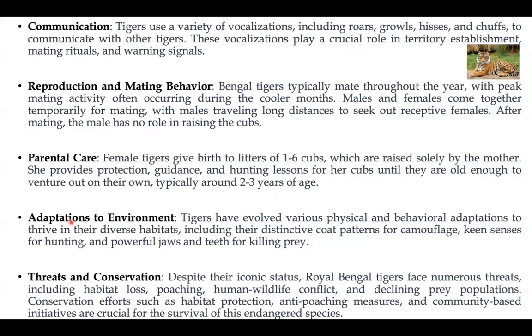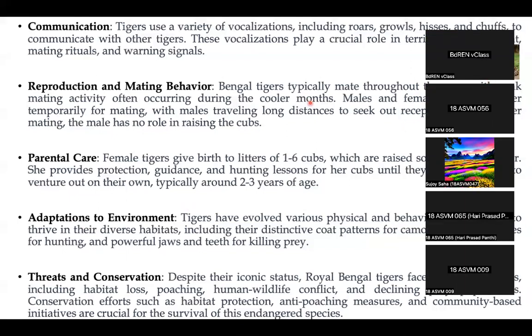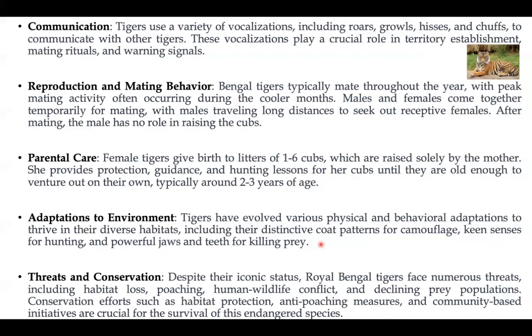The tiger has evolved through some adaptations, like the stripes on its body, the stealth of its hunting, the camouflage, etc. And of course, they are under threat of being lost from nature because of lack of conservation, and they also suffer from diseases.